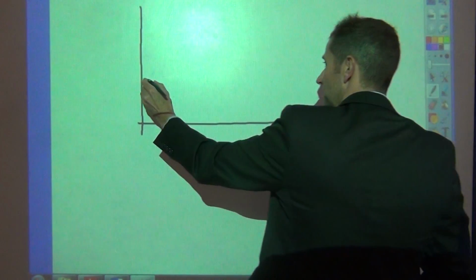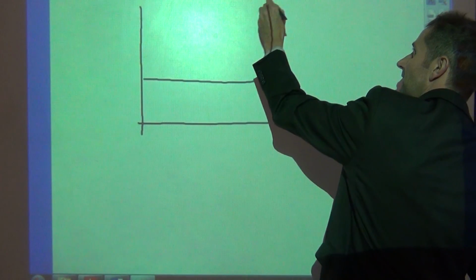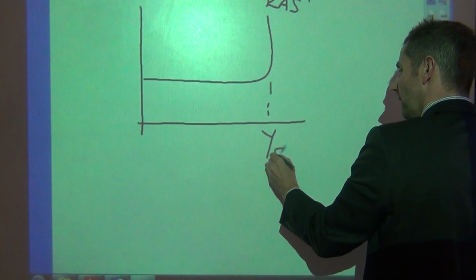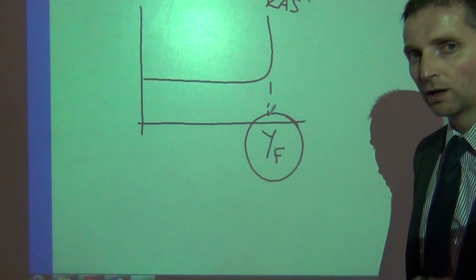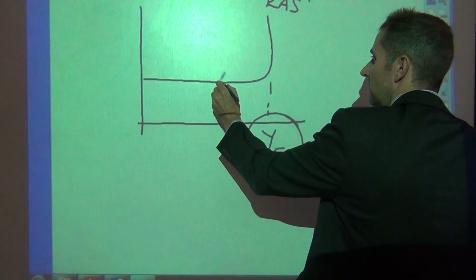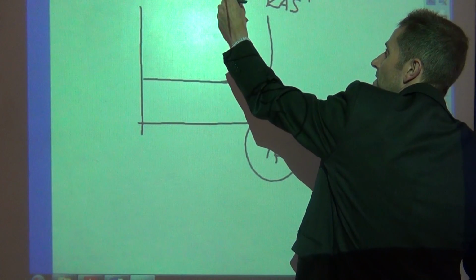And as a consequence, the KAS curve, because the KAS curve shows our YF position, it shows our maximum productive potential, the KAS curve may shift to the left.